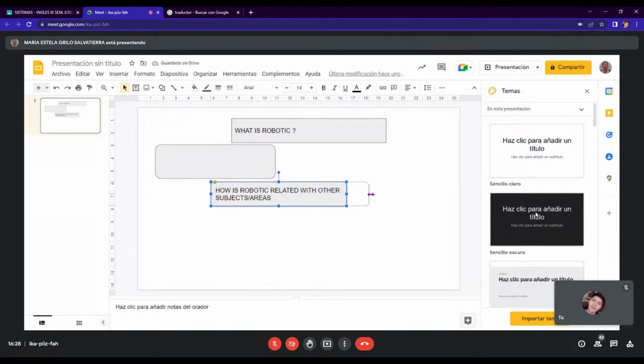And you are going to work a mind map where you are going to have the advantages and disadvantages of robotic.